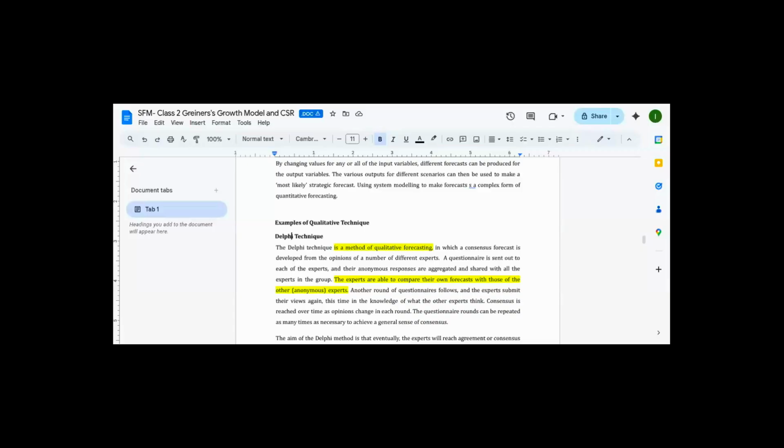With the Delphi techniques, the company seeks the opinion of a number of different experts outside the organization. With this Delphi method, the company will tell them the areas of forecasting they are interested in, and they can even develop a questionnaire. They give them a questionnaire to fill and come up with robust forecasting techniques and advice.